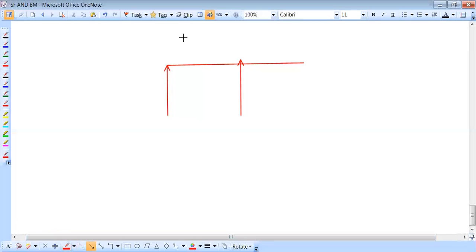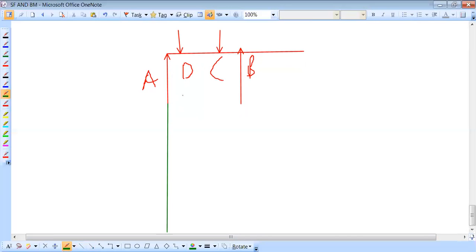So one force is here, and another force is here. These are A, B, C, and D. After that, draw the SFD and BMD. As you know, when you draw the SFD and BMD, you must draw a straight line at every point. Draw here, here, here, and also here.